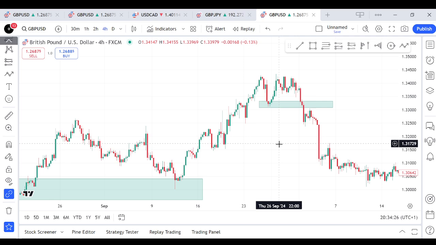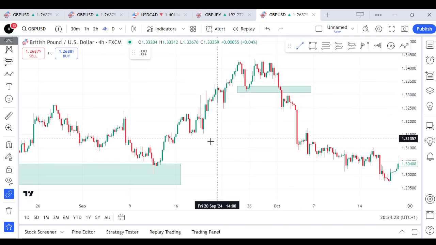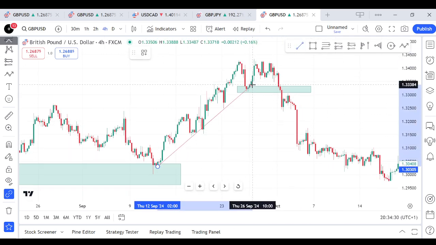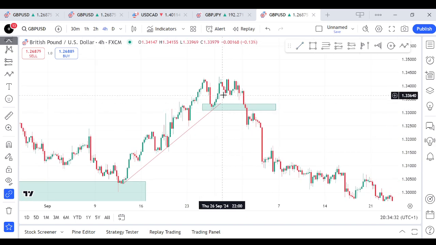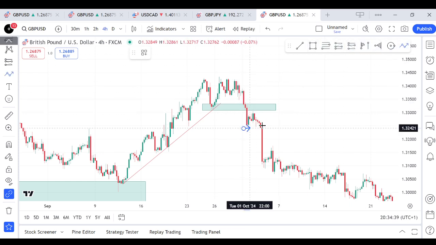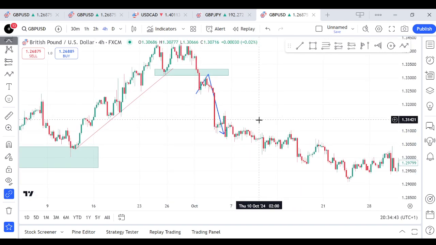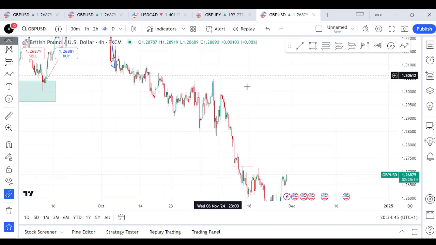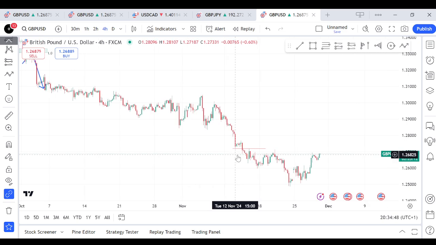So this is a very perfect breakout and retest. You can see we are bullish and it's expected that this support level should hold, but it failed and we had the retest back to this area and a push to the downside, and that is your breakout and retest.